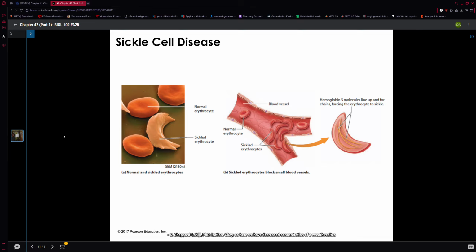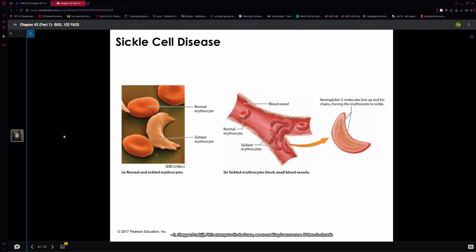Okay, so here we have decreased concentration of erythrocytes due to hemolysis because we're trying to get rid of these abnormal erythrocytes. That's going to result in hypoxic conditions because now we actually have fewer erythrocytes that are able to carry our dissolved gases. And that's going to stimulate the process even more. So unfortunately, in an attempt to fix the issue, we are making it worse.